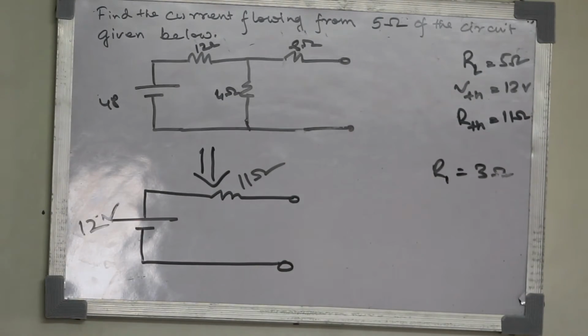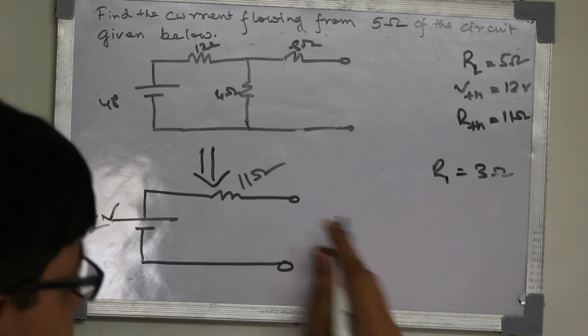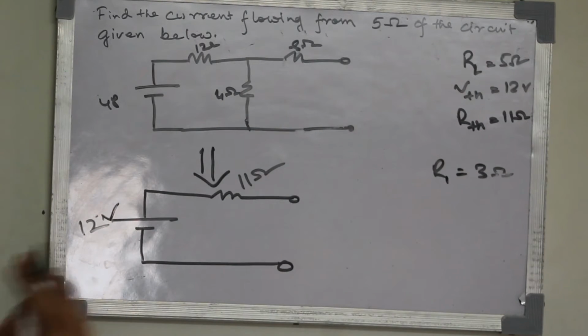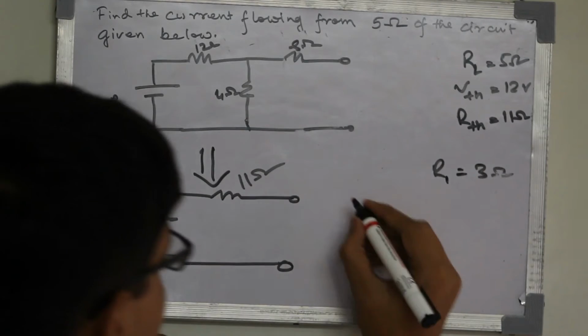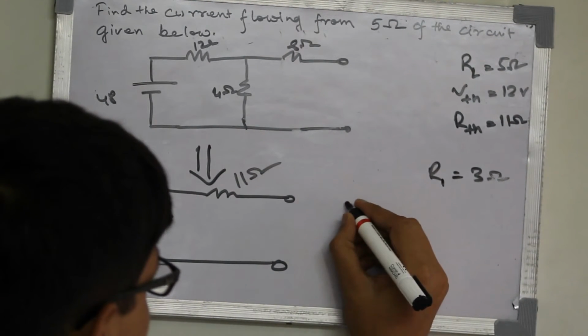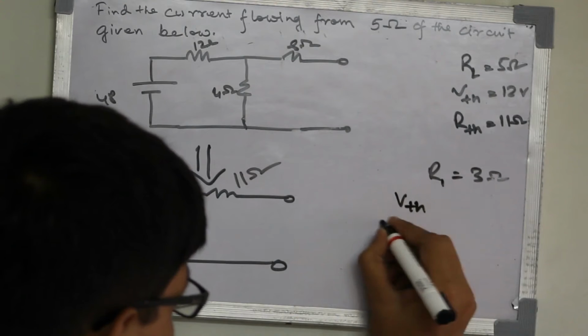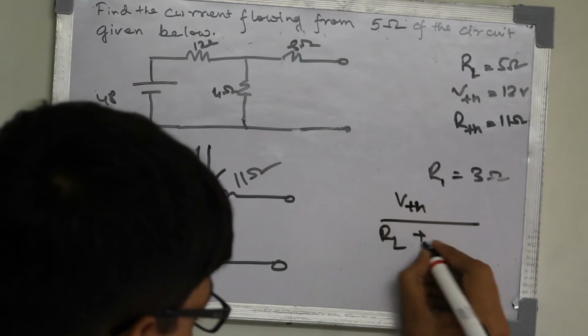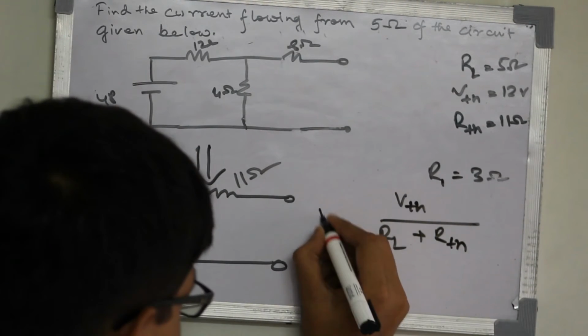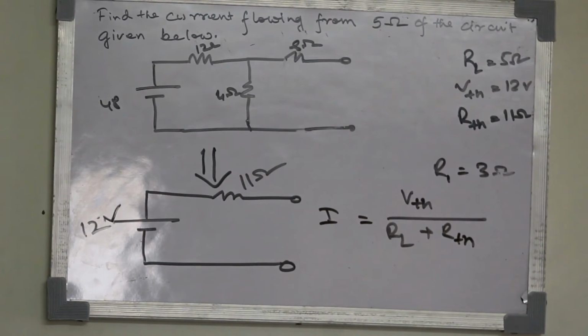Now our formula to find the current flowing from this 5 ohm resistance is VTH upon RL plus RTH. This is the value of I. Now what we have to do to find this?